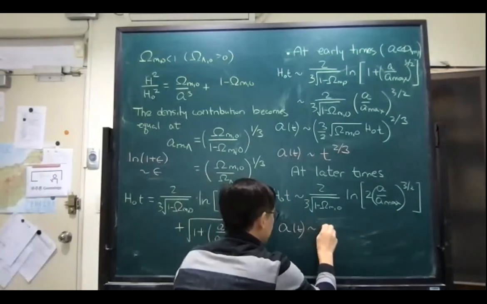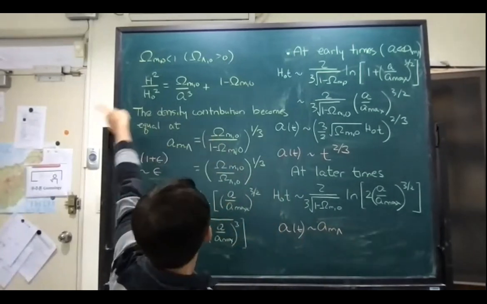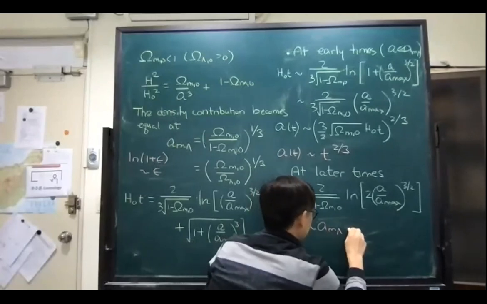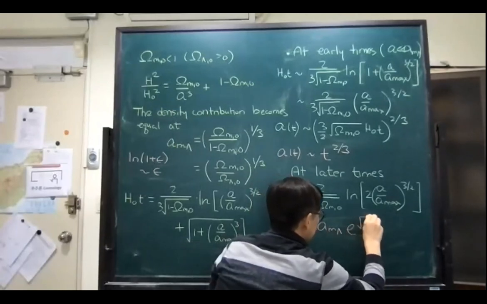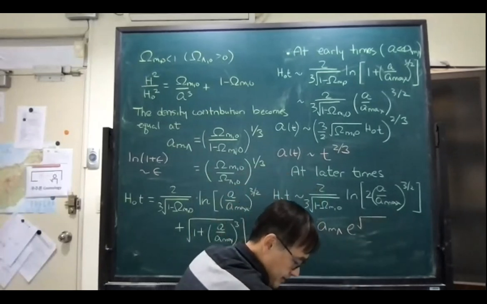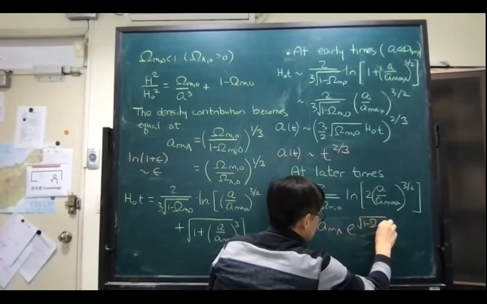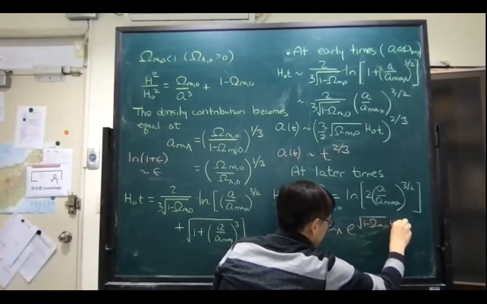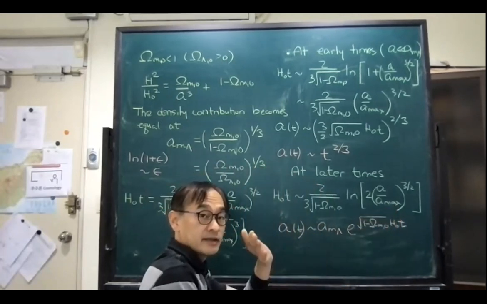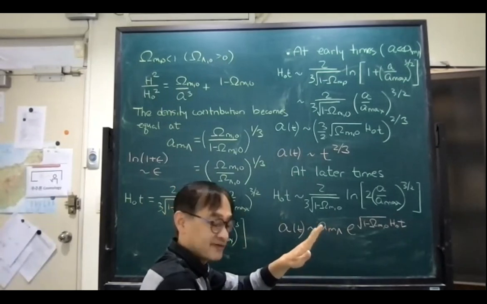So it's roughly a m lambda that we find here, and exponential of square root one minus omega m0 h0 t. So it's representing the exponentially expanding universe.